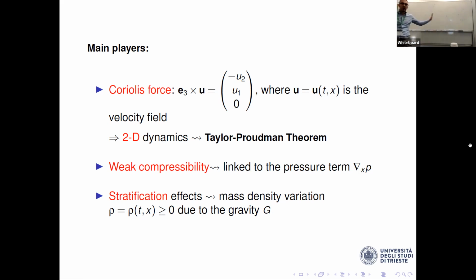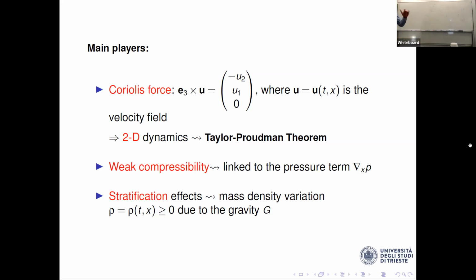This is a very simplified version of the Coriolis force, but it is well justified at mid-latitude. Then we neglect the variation of the Coriolis force in dependence of the latitude. From the physical point of view, it is also well known that a strong Coriolis force drives the motion to be planar.